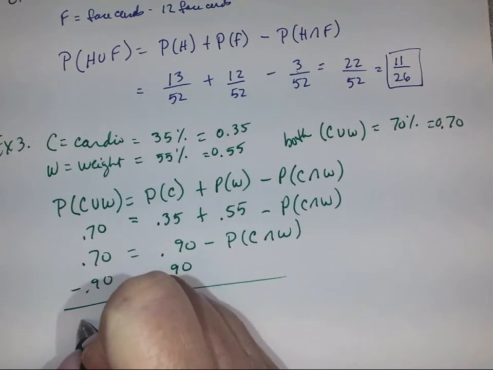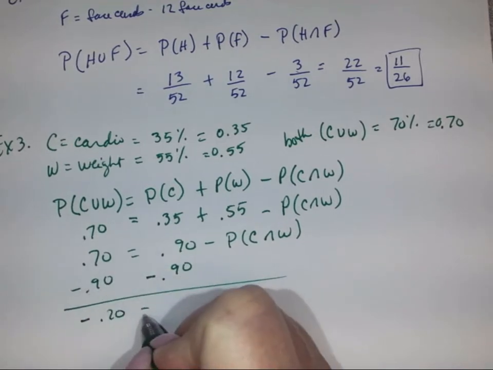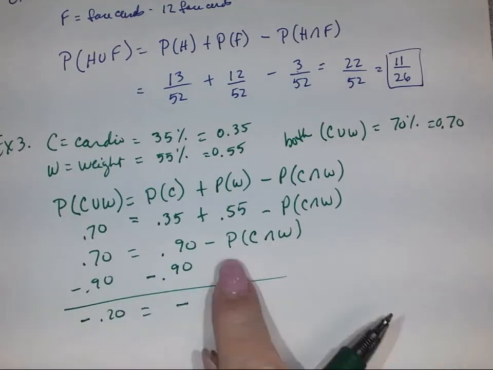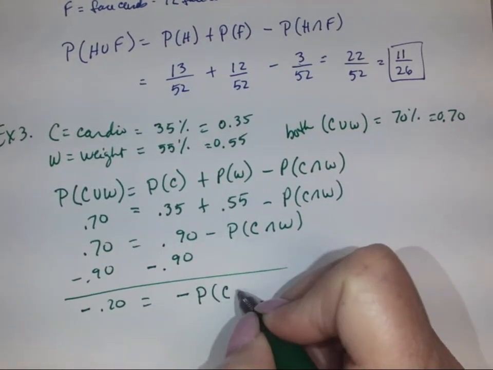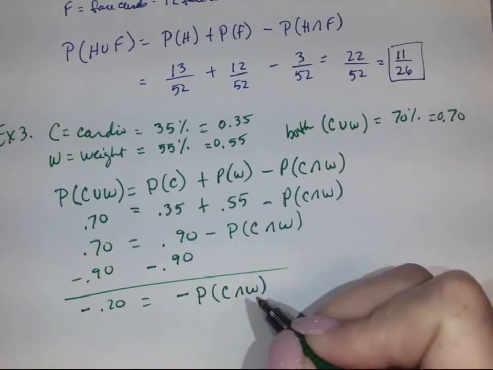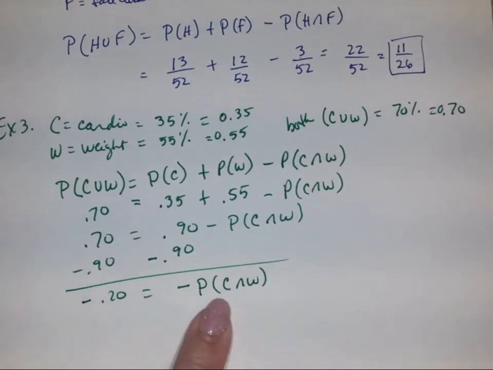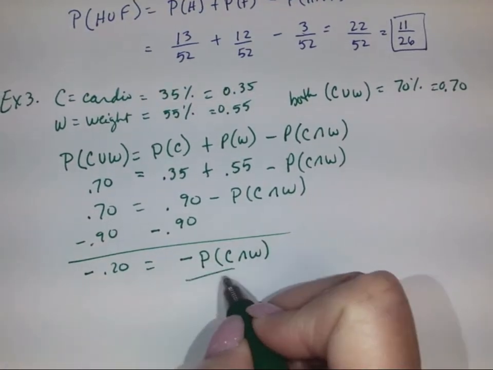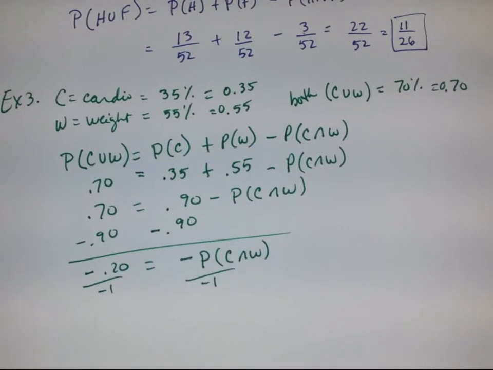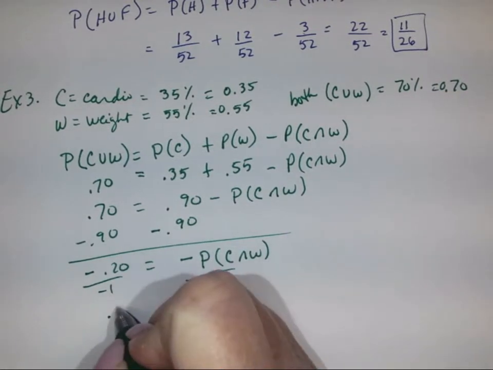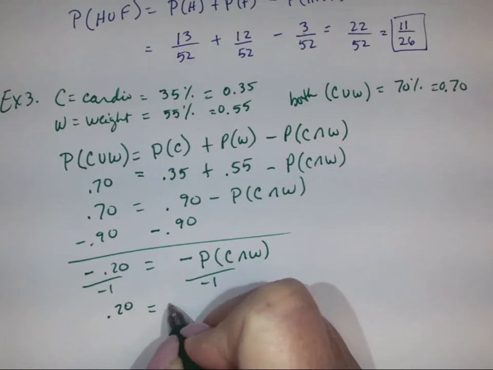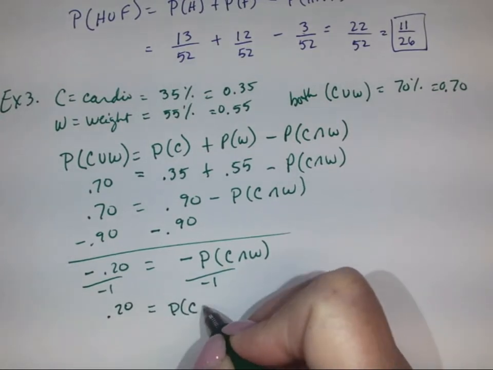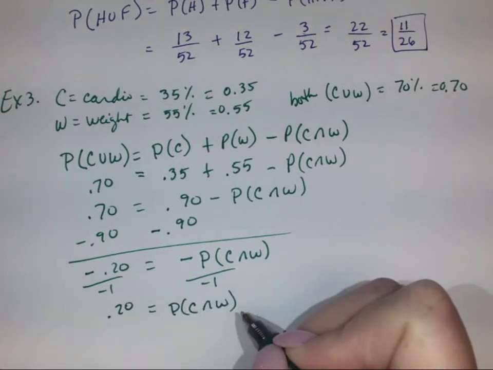And that'll get us a negative 0.20 is equal to a negative, don't forget your negative there, of the probability of C intersected with W. Now I need to make this positive, so I'm going to divide by -1 on both sides. So 0.20 is going to be equal to the probability of cardio intersected with weight.